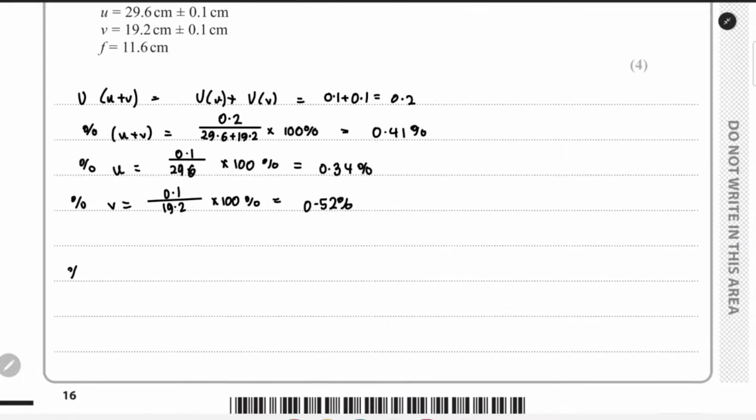So the percentage uncertainty in f is equal to 0.52 plus 0.34 plus 0.41, which comes out to be 1.3%.